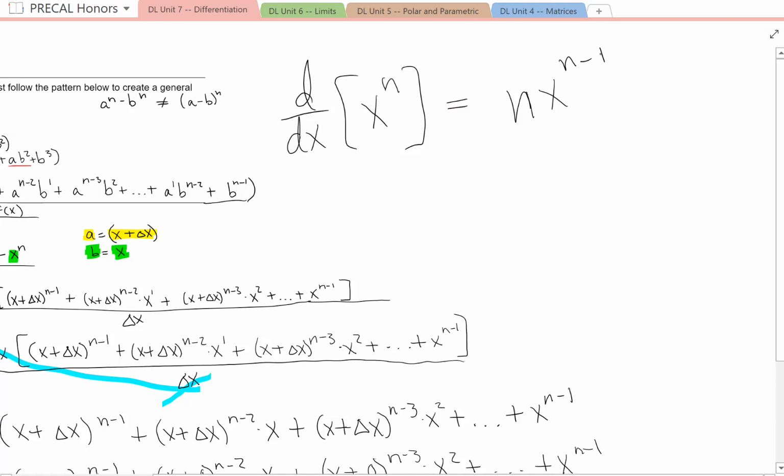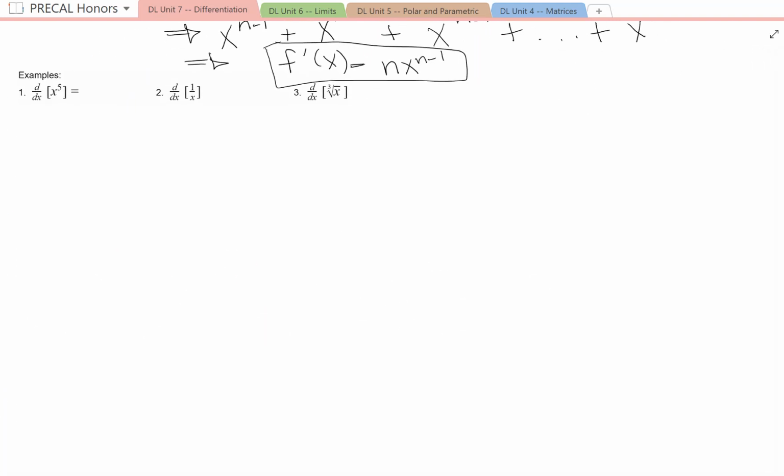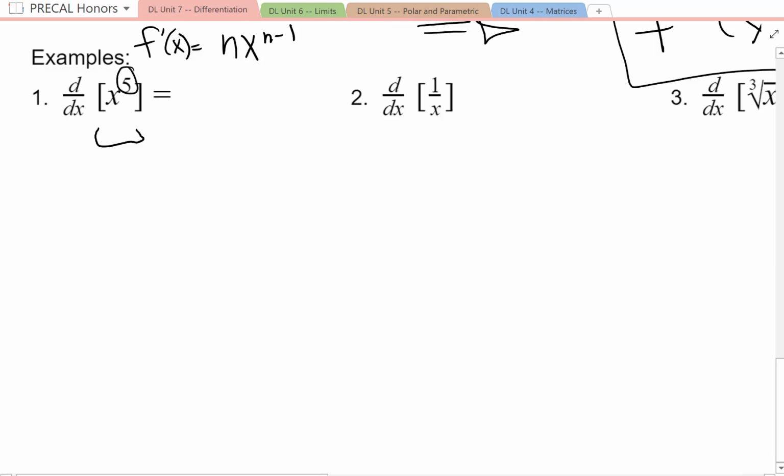And the power rule helps us with many things, with radicals, with fractions, with powers. Let's do some examples. The derivative with respect to x of x to the power of 5. N is our power. That will now become our coefficient, 5, times x to the power of, we started off with 5, so 5 minus 1.